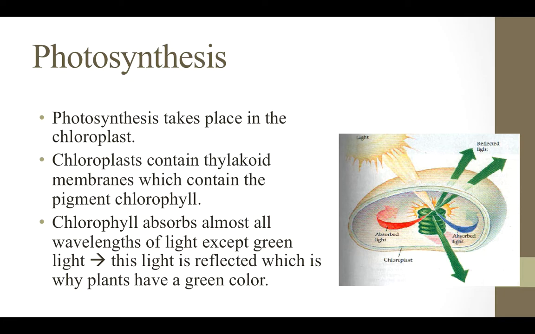This light is reflected, which is why plants often have a green color. The green wavelength of light, which is a little physics, but we won't get too deep into that, is reflected by the chlorophyll, giving most plants their green color.